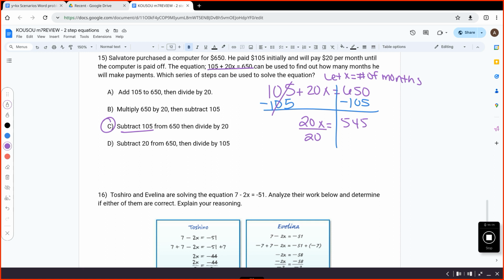Then we divide each side by 20, and then we have x is equal to 27.25. So here we subtracted 105, and then here we divided by 20. And that actually looks a lot like C, where it says subtract 105, divide by 20.